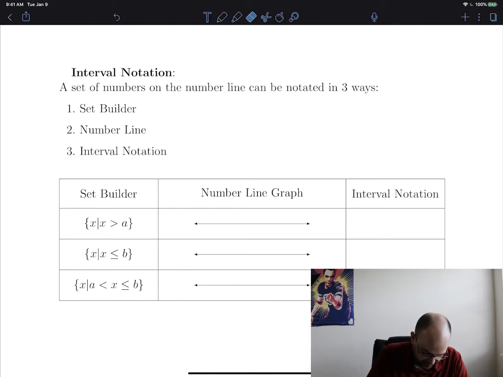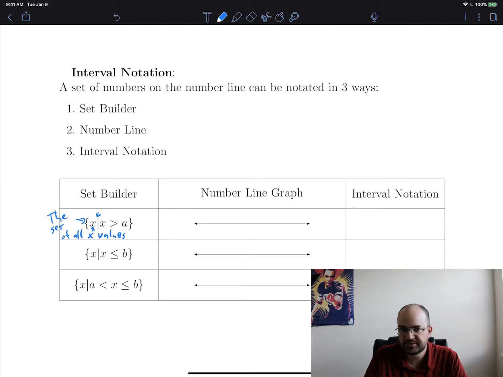So this first curly bracket means the set. And then whatever's right there, in this case, means of all x values. And then the vertical line there just means such that.